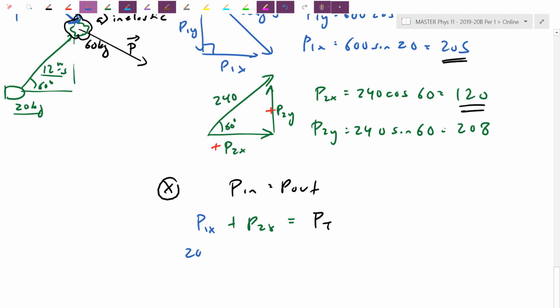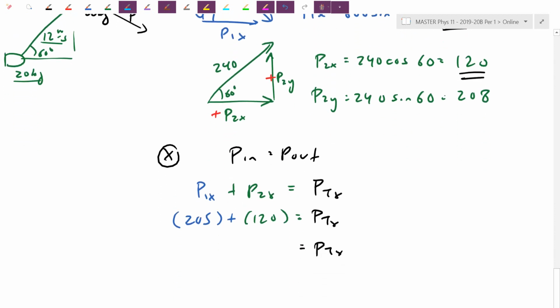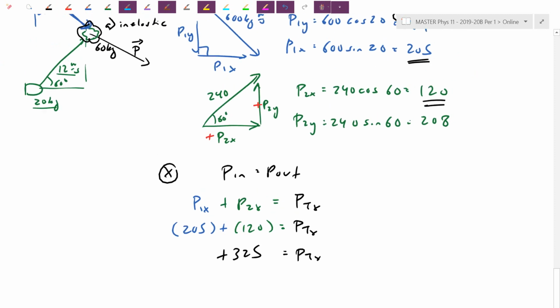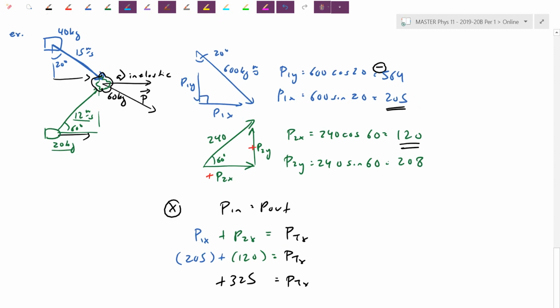That means the total momentum that this 60 kilogram combined mass has to have, the total momentum at least in the x direction, P total x, is 205 plus 120, which gives me 325, also in the forwards direction. Shouldn't surprise you. First guy had an x momentum, the other guy also has an x momentum. To conserve that, overall, this guy still has an x momentum that's positive.